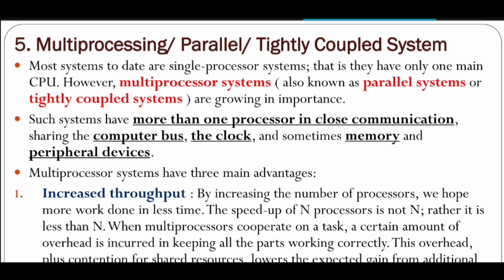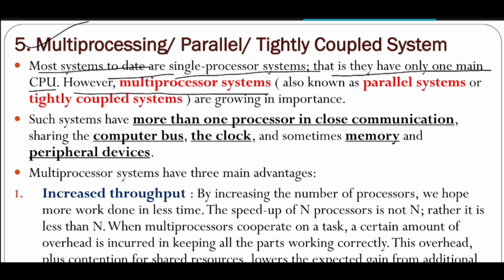Then multi-processing, or parallel OS, or tightly coupled system. This is the multi-processing OS. What is a multi-processing OS? Most systems are single processor systems, that is, they have only one main CPU.